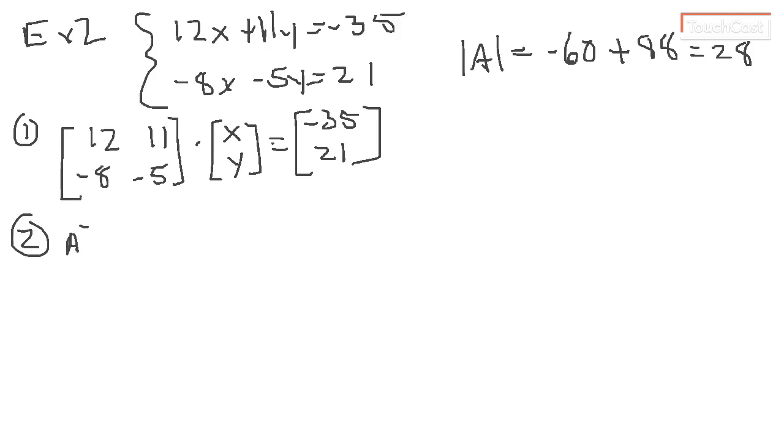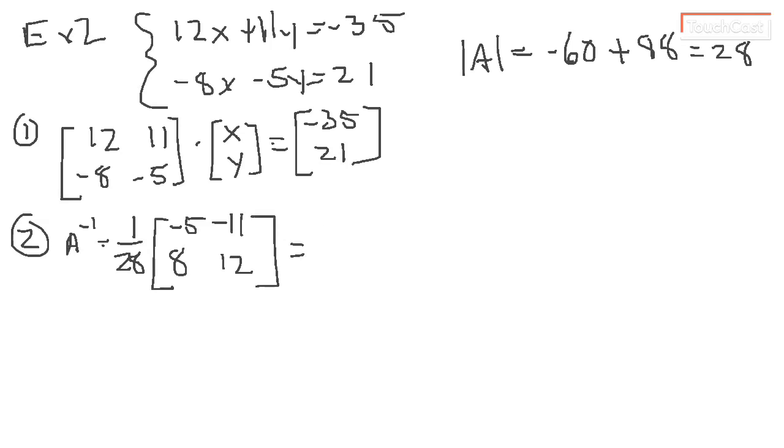A inverse is equal to 1 over 28 times, we switch our A and D, so negative 5 and 12 switch places, and then we take the opposite of the other two numbers. So we make this 8 and negative 11.